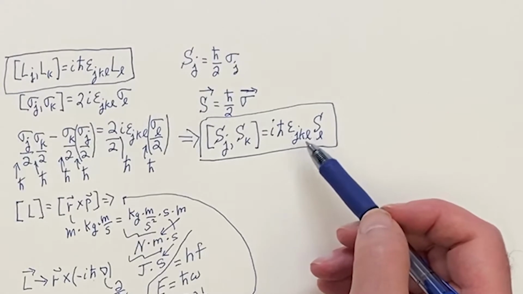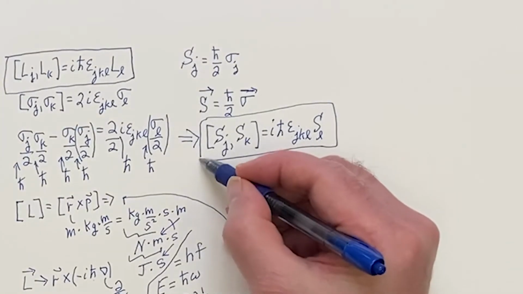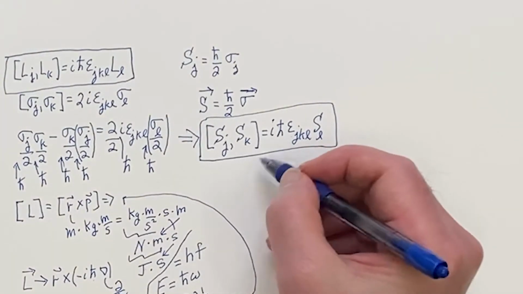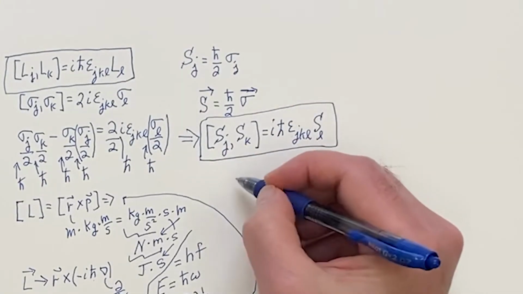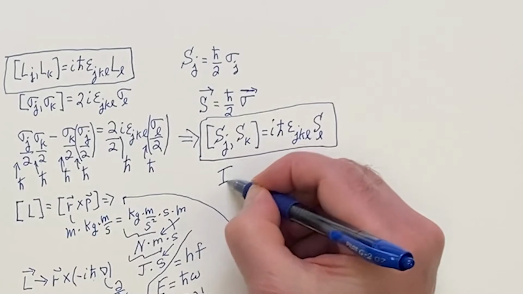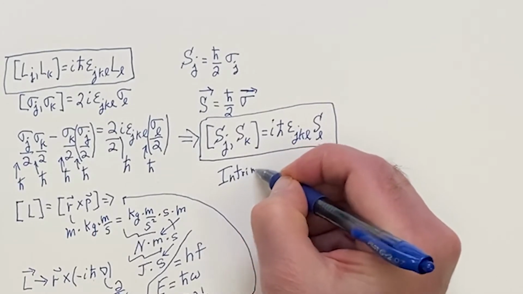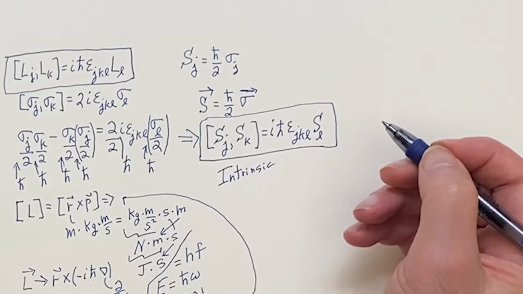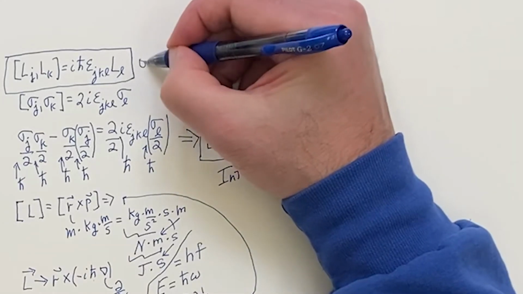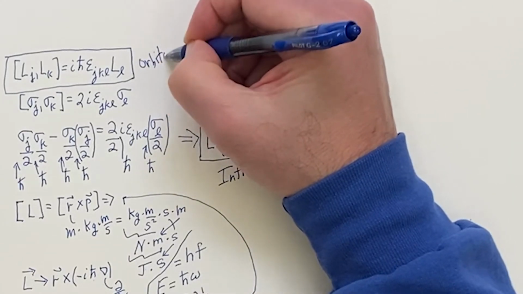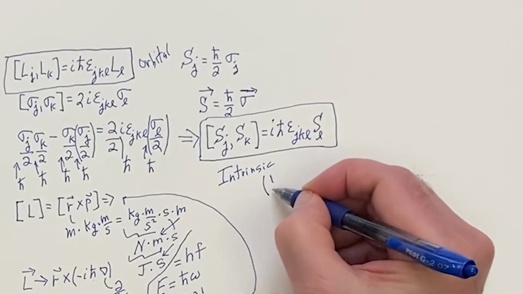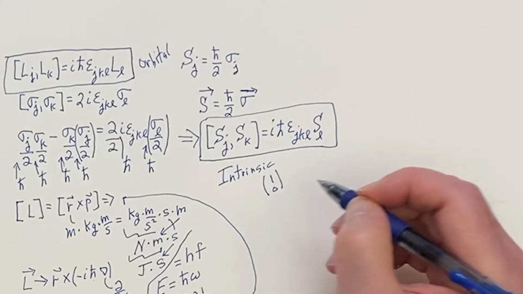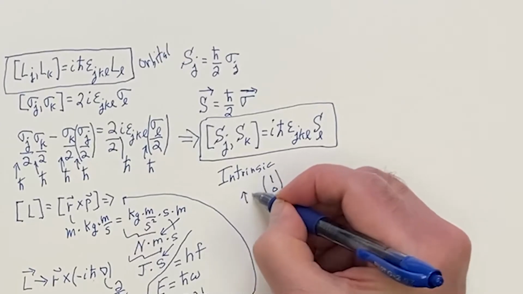Wow, same algebra. So that means this has to be an angular momentum. That's what's suggested by the mathematics. And we call this the intrinsic angular momentum, while this one's orbital. And this one here, remember, we had states like this, the eigenstates like this, which we can call spin up.